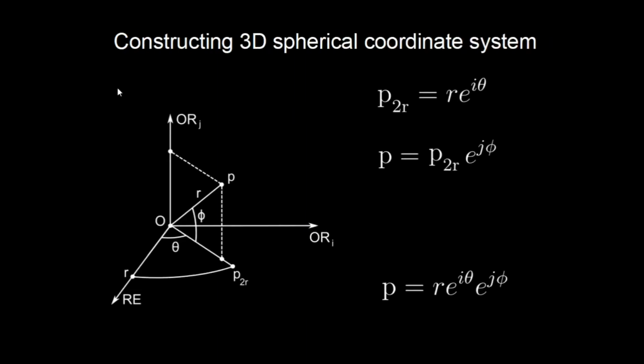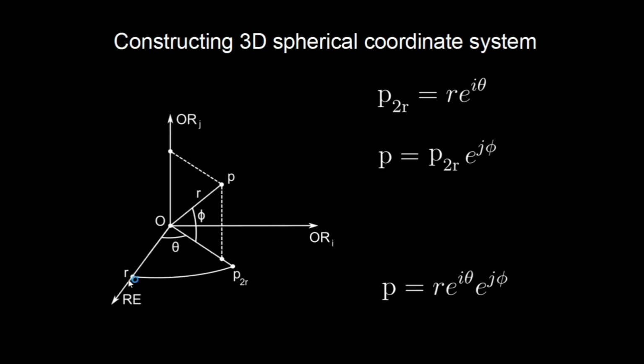After setting up the 3D axes, we may then proceed to construct a spherical coordinate system. P sub 2r is a position number representing a point in the second dimensional plane that's formed by the RE axis and the ORI axis. Theta is the angle between the position number P sub 2r and the RE axis.